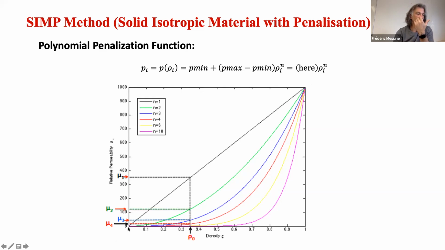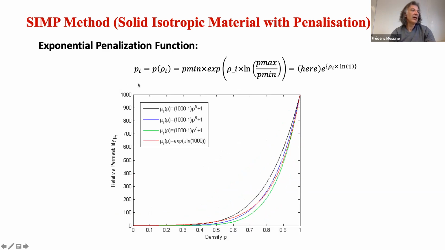So if you have 0, you have 0, but for a long while, if you have 0.7, you still have 0 for the penalization function. And if you have above 0.9, you will find 1, not 100, that's a permeability, but that will be 1 for us in mechanics.